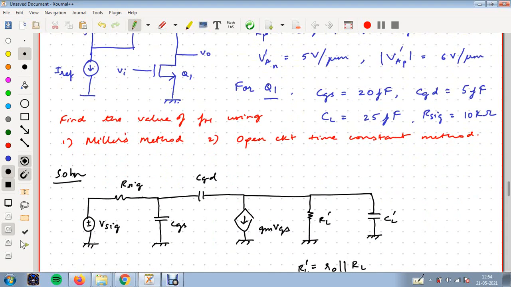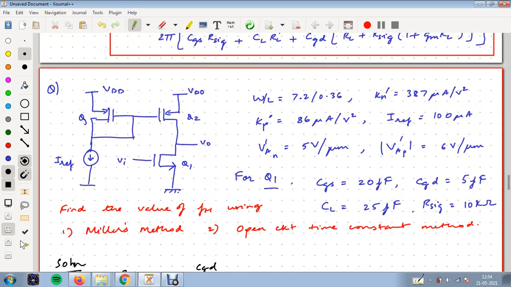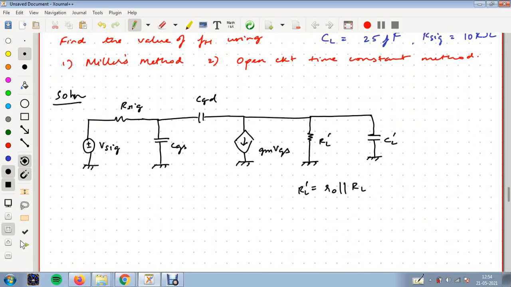But this time I don't have any load resistance; instead of RD I have Q2. So here you will not have RL, rather you will have R naught 2. So this will be R naught 1 parallel R naught 2. That is why you always have to draw the AC equivalent diagram once you start your problem. Then from there onwards, you proceed on.